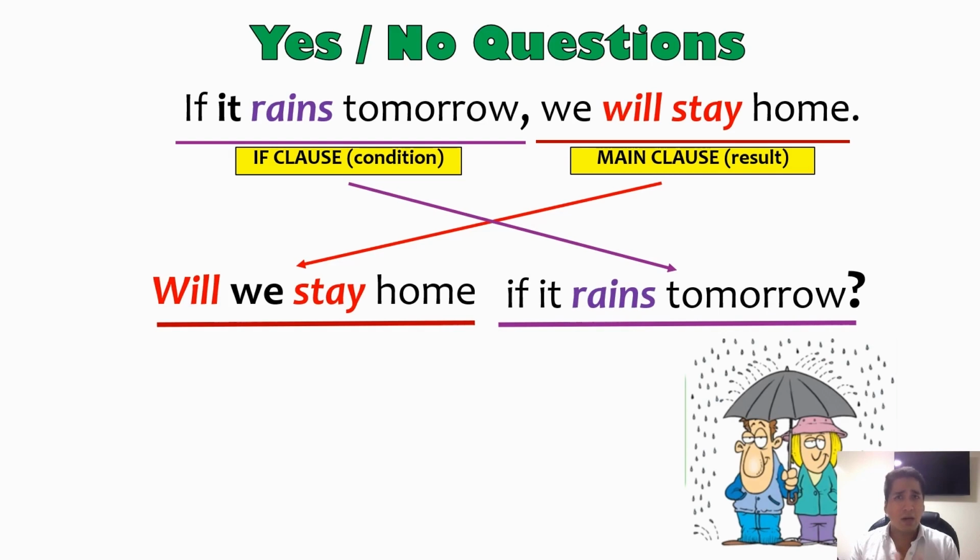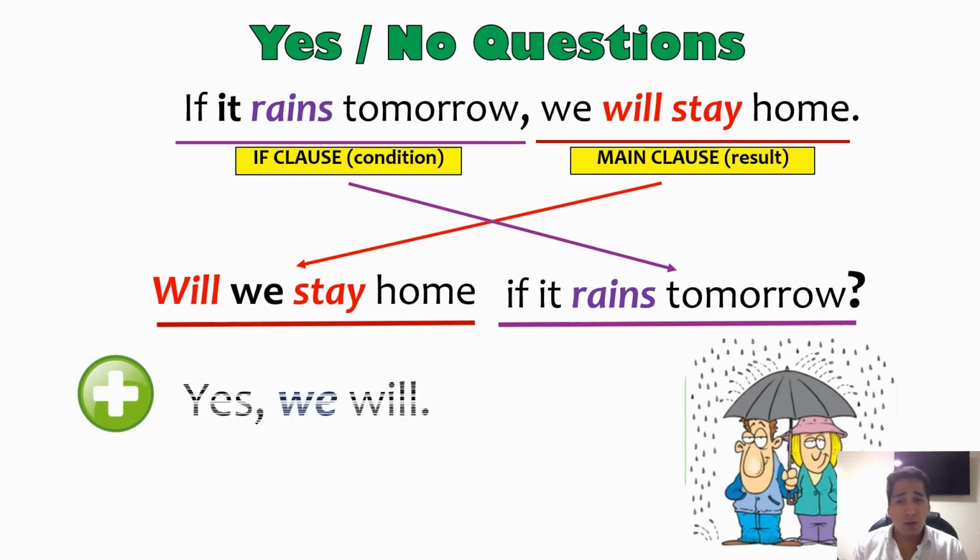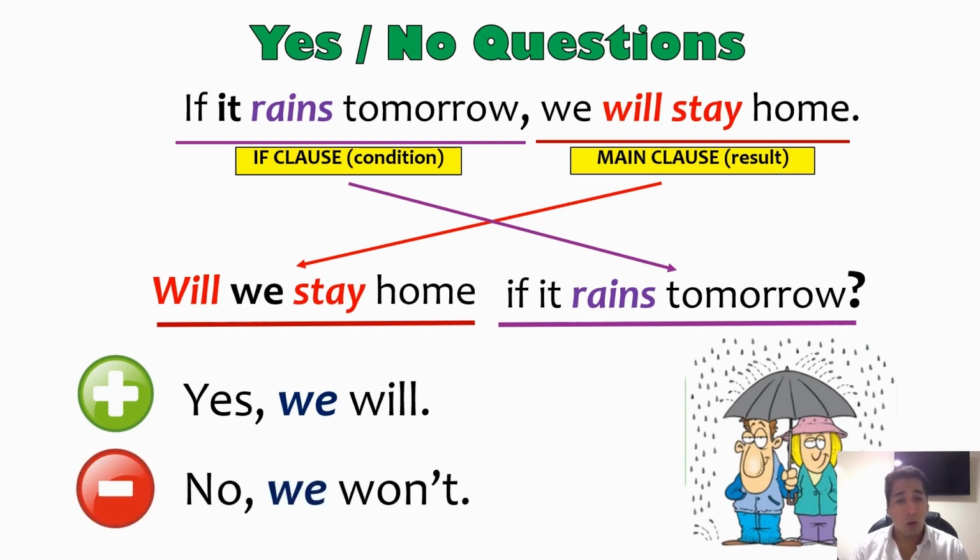Will we stay home if it rains tomorrow? As this is a yes no question, then we have two possible answers. We may say yes we will, or no we won't, based on the subject we have in this question.